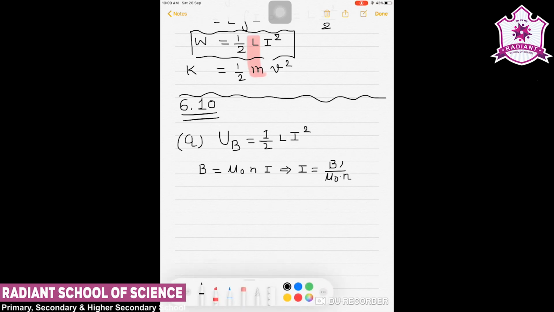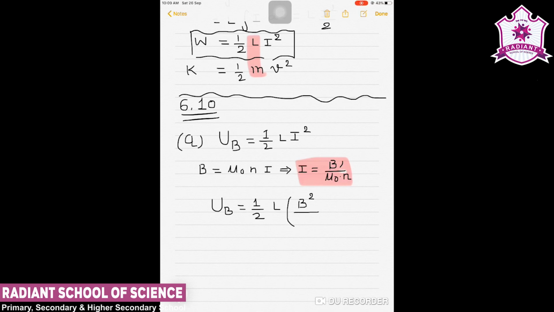So we can substitute this in the above equation. If we replace it, we get UB, the potential energy stored in the magnetic field, as 1/2 L times B square over mu 0 square n square.